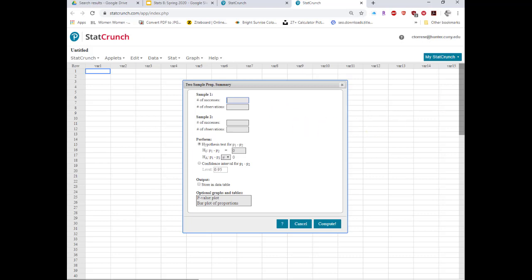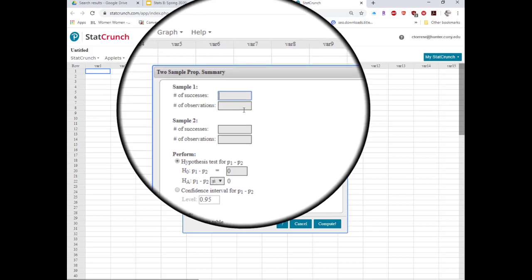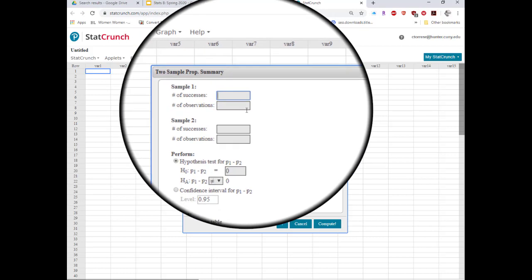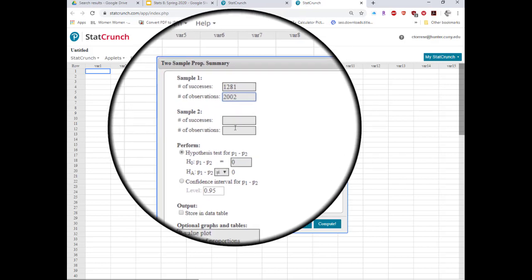So let's look at the information for sample 1. Sample 1 was non-scientists, and what we were able to calculate was there were 1,281 successes out of 2,002 observations.